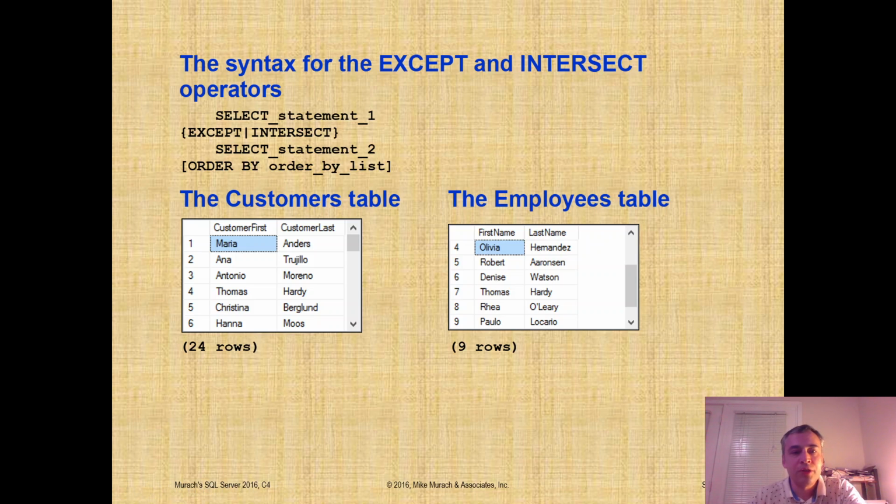Finally, we need to mention except and intersect. Instead of union, we can also do except and intersect, and you can guess what the except means, so select everything from statement 1 except whatever was selected in statement 2.